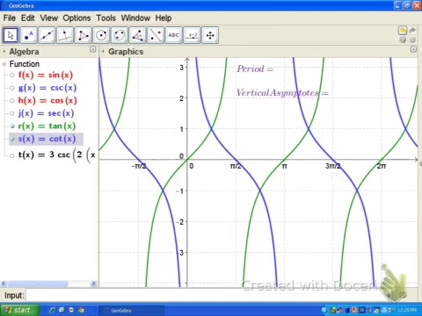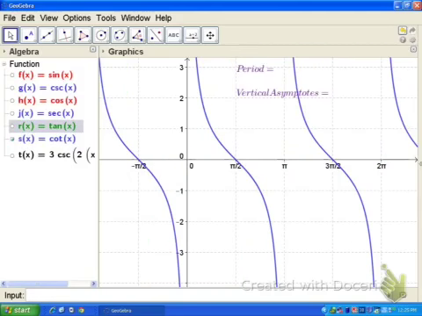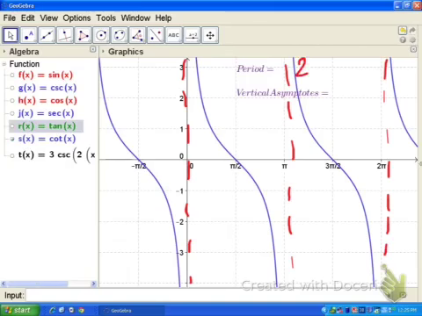Let's take the tangent graph off. So we have our vertical asymptotes running down through here, and it looks like those vertical asymptotes are occurring at every pi value. We've already said that our period is pi.